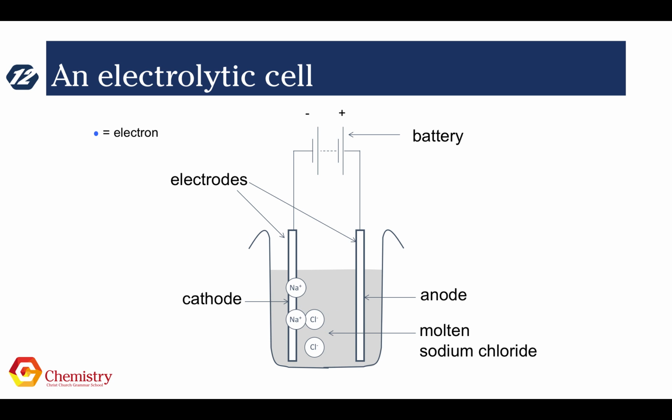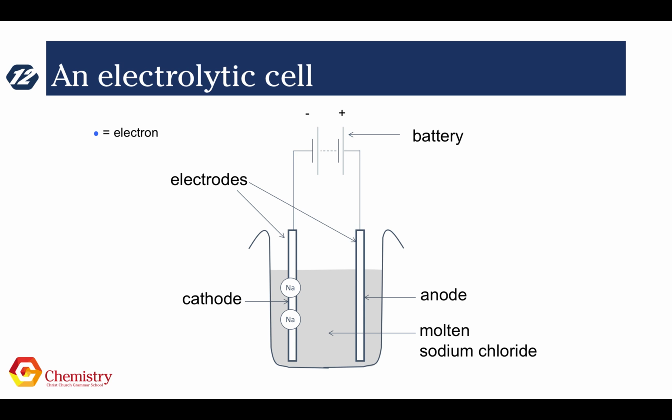So that's going to attract these ions, the positive ions, in this case the sodium. They're going to pick up electrons and they're going to become sodium. Similarly, the anode here is going to be electron poor, so it's going to have a positive charge, and so that's going to attract the negative ions.